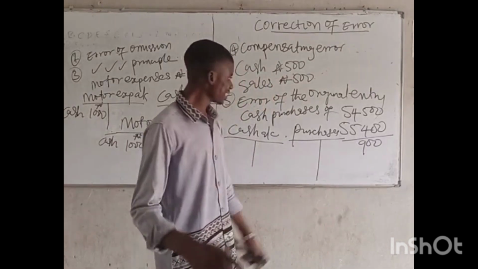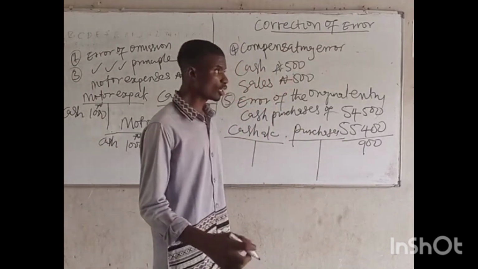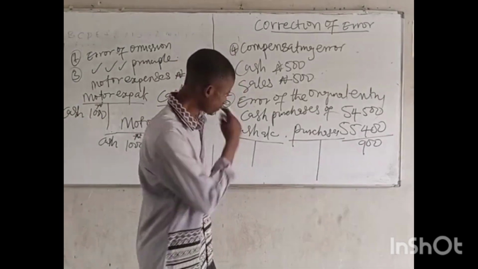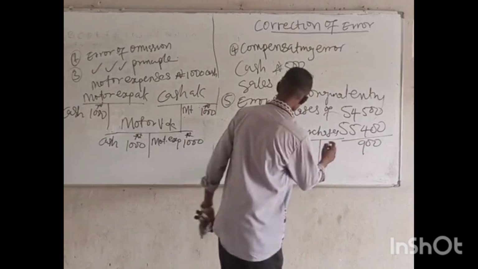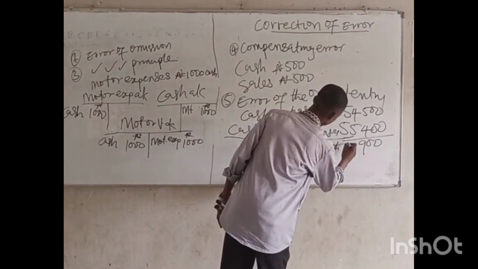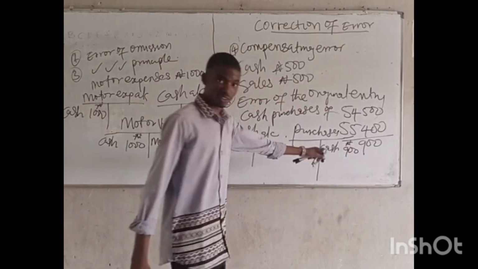But now, because it is a case of an overstatement, we are going to reverse the entry. So how we are going to do it now is, we come over to the purchases account, and in the name of cash, put cash 900 naira.